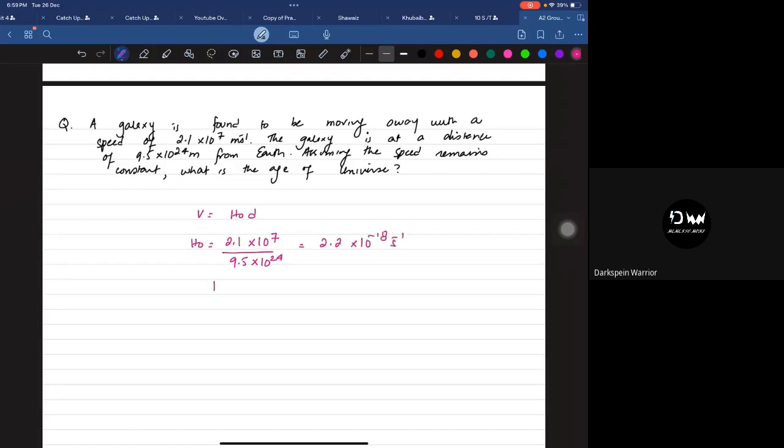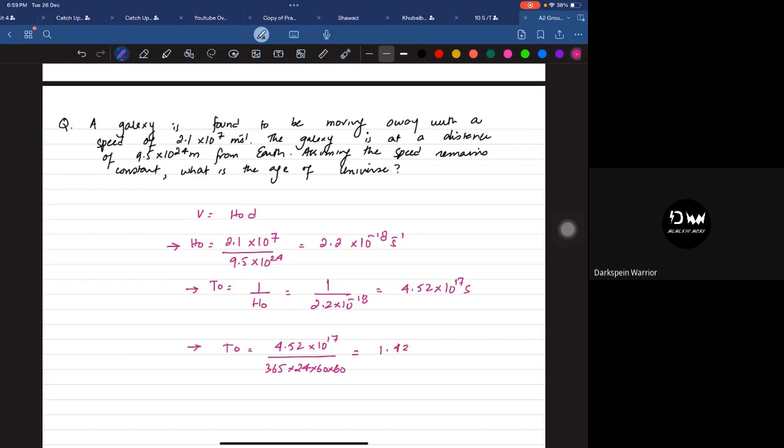So you should get 2.2 times 10 to the minus 18 second minus 1. This is Hubble constant, and then for age of universe, you need to divide this. That would come as 4.52 times 10 raised to 17 seconds, and then in order to convert it into years, you need to divide this whole thing by 365 days, 24 hours, 60 minutes, and 60 seconds.